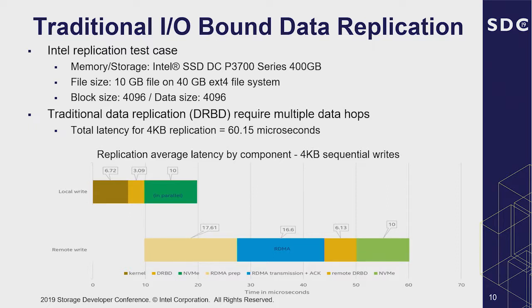And then you have your DRBD transaction times. You have your RDMA when the data is packaged, moved over to the adjacent nodes. And then you really have to take the time to rewrite that to the target node, and the test case that we had, it was over 60 milliseconds.